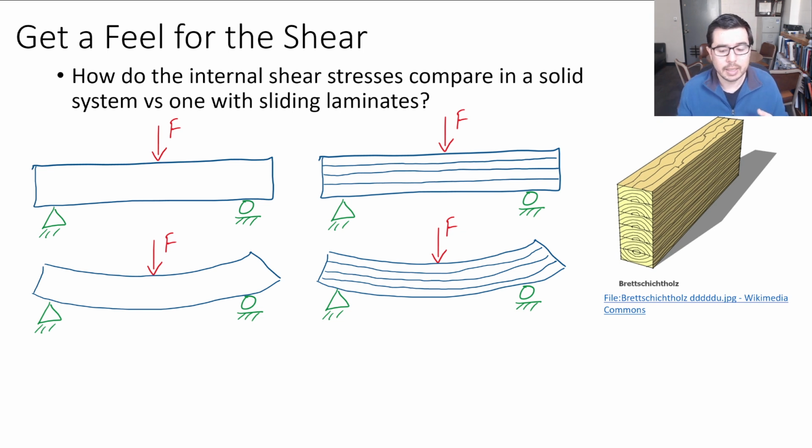So what is happening at these interfaces that causes this resistance to the bending? It's shear stress. It's stress acting along these surfaces, which is what a shear stress does. It acts tangent, and it is keeping these sheets from sliding against each other.